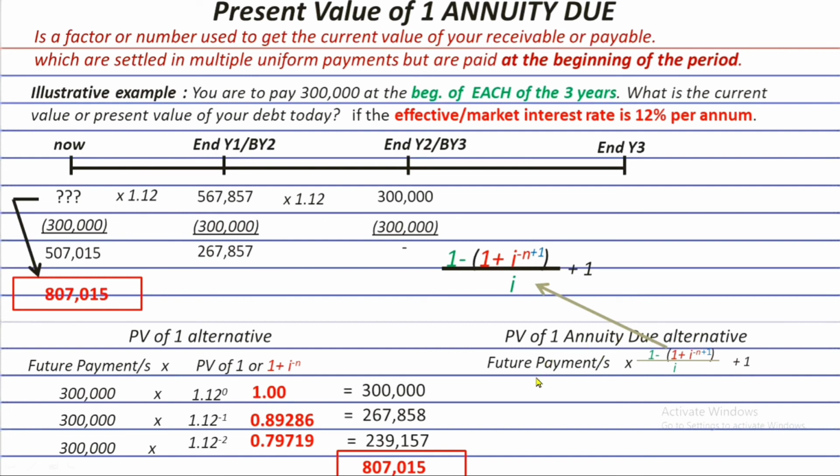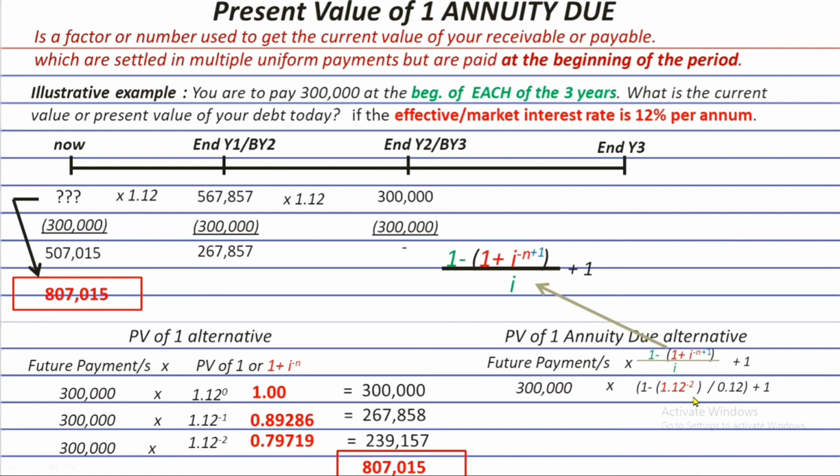And we will have 300,000 times 1 minus 1.12 raised to the power of negative 3 supposedly. But because of this plus 1 here, we are going to use already the negative 2. So divided by 0.12. So after summarizing this fraction, the numerator over the denominator, let's add 1.